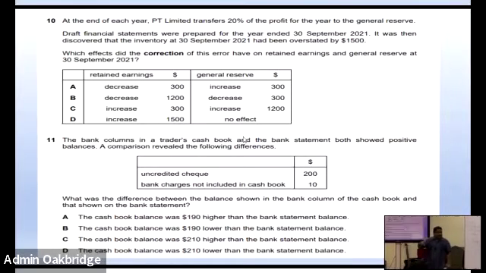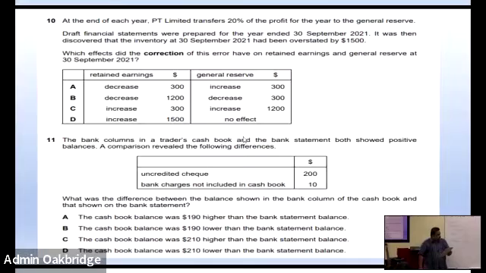Credit side, because it's the charges. So now it's not in your cash book, so now your cash book is higher by $10, right? Correct or not? Uncredited cheque is in your cash book, but not in the bank statement. Again, your cash book is higher by $200. Follow? So that's why cash book is higher by 210. Guys, I hope you all follow.